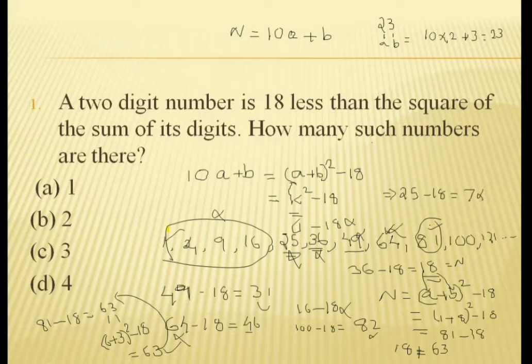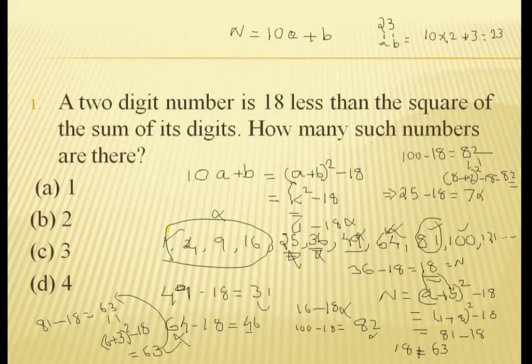Then we can check the next perfect square, that is 100. So 100 minus 18, that is 82. 82 means 8 plus 2 the whole square minus 18.